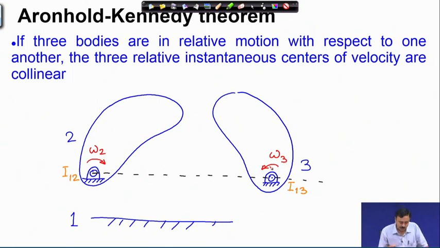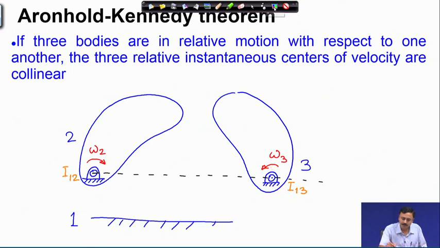Now, where lies the relative instantaneous center of rotation of body 2 relative to body 3? As we have seen before, this point I 2 3 may lie outside the physical domain of the bodies.